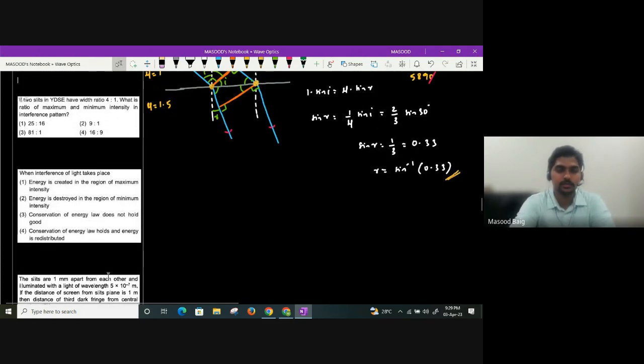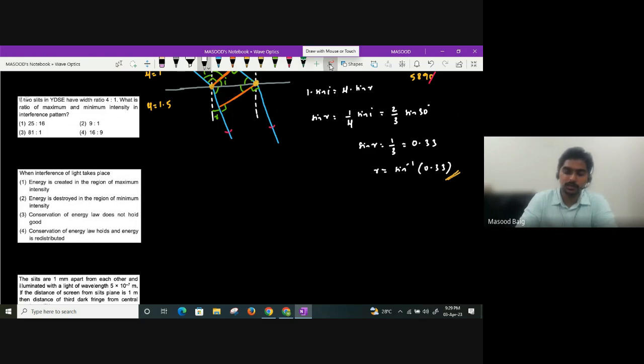Young's double slit experiment: if the slits have widths in the ratio 4:1, what is the ratio of maximum to minimum intensity they are asking, guys? So basically the widths are given. Let us imagine their widths to be x1 and x2, guys. Again, it is an important question. Here they have given x1 by x2 as 4/1, their widths.